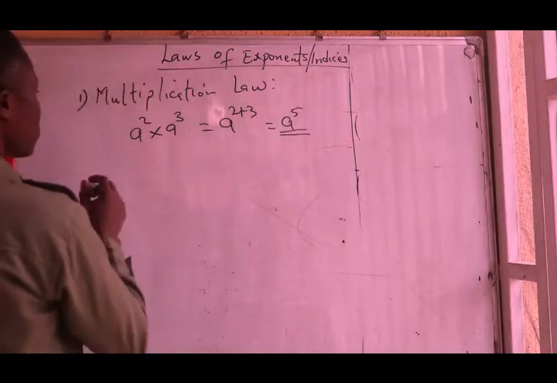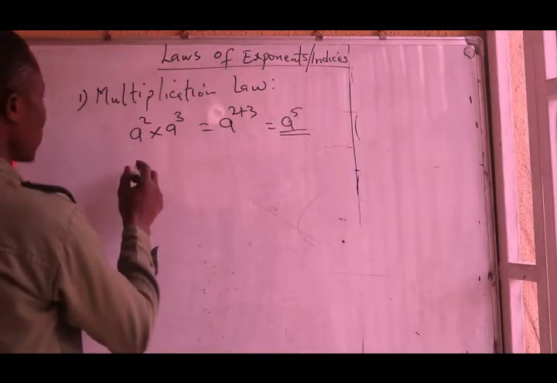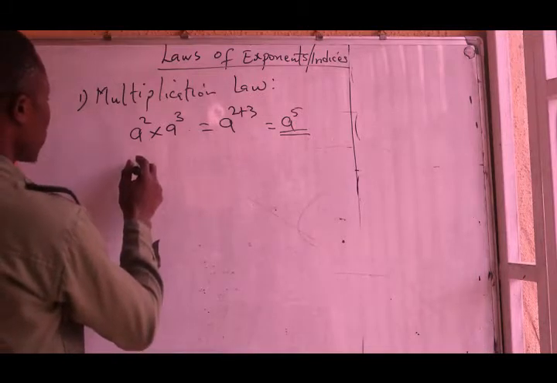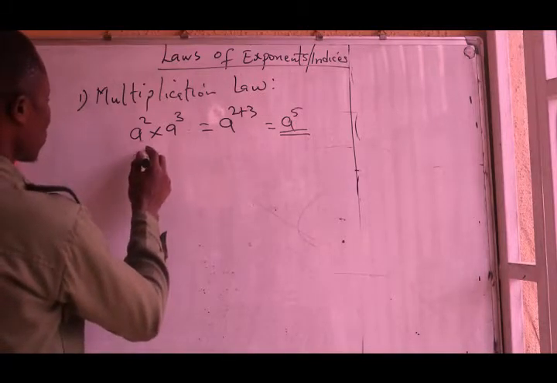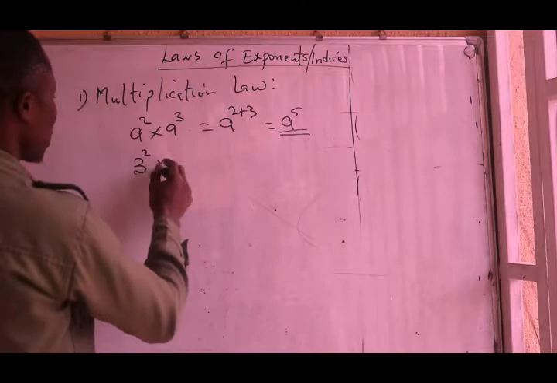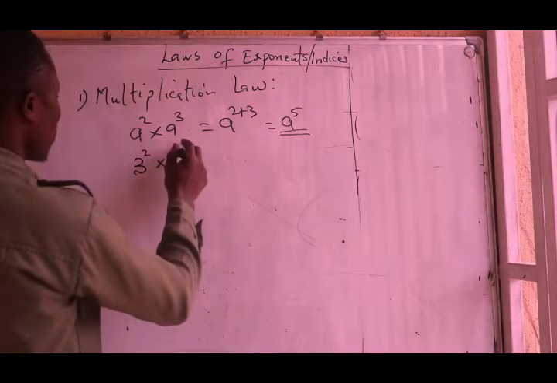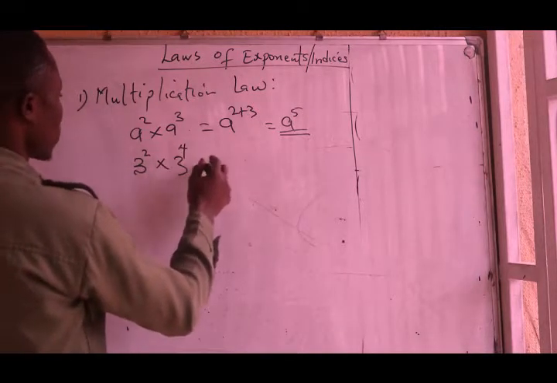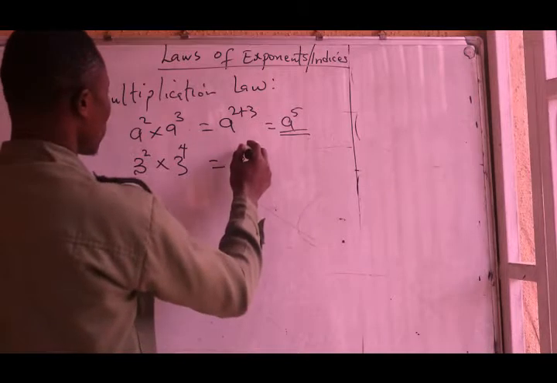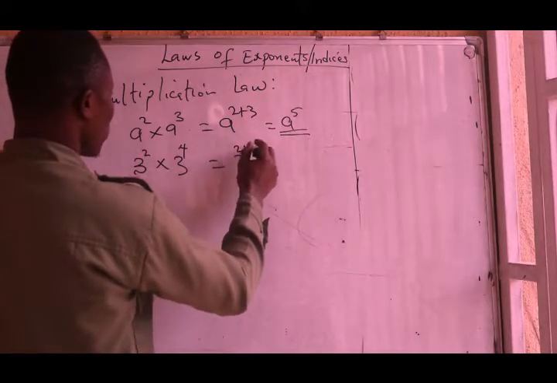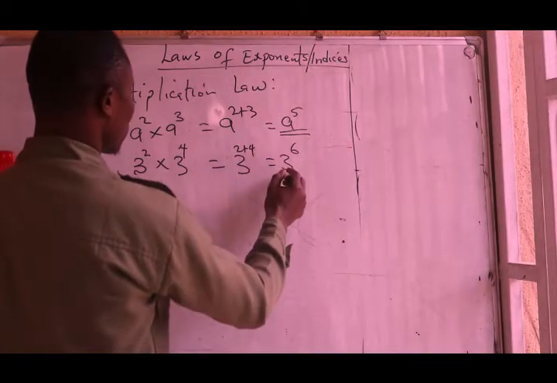It could be another letter. Let's say 3 raised to the power of 2 times 3 raised to the power of 4. This is 3 raised to the power of what? 2 plus 4. 3 raised to the power of 6.